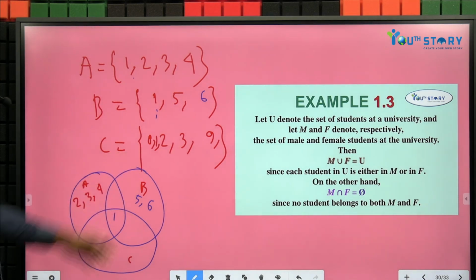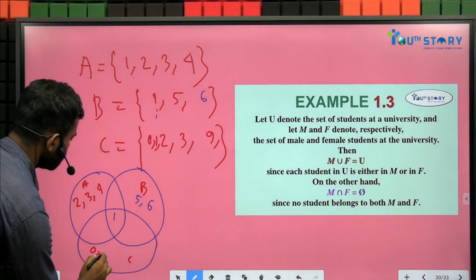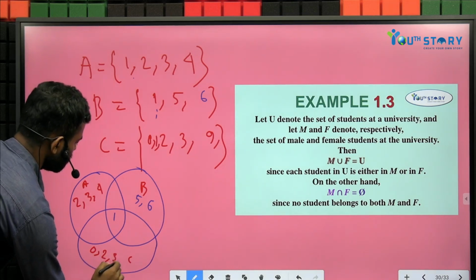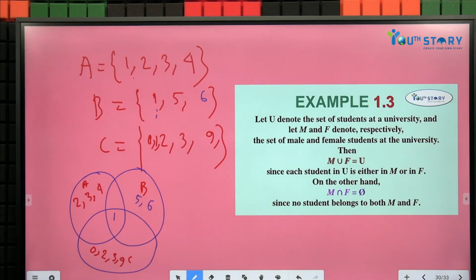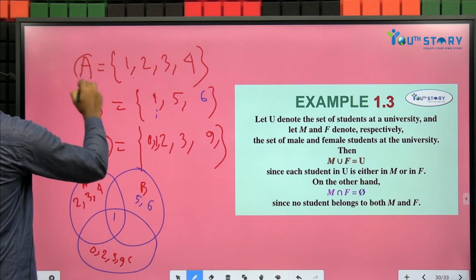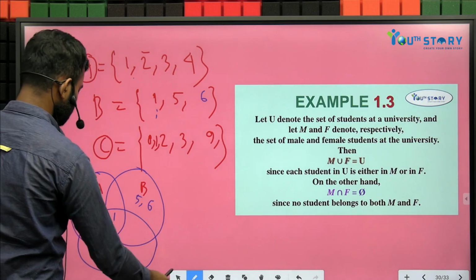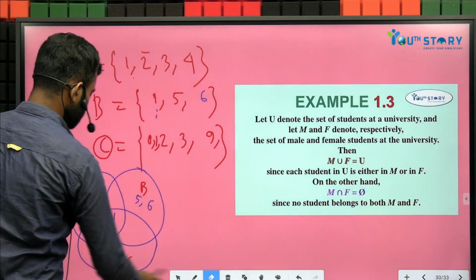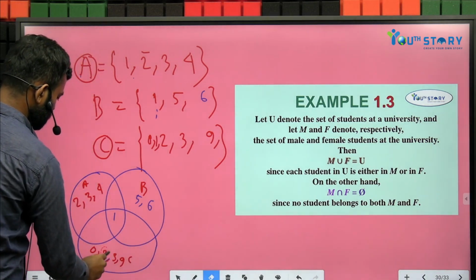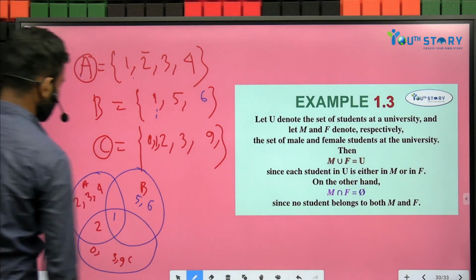C equals {0, 1, 2, 3, 9}, but 2 is a member of C as well as of A. So we will place member 2 here.